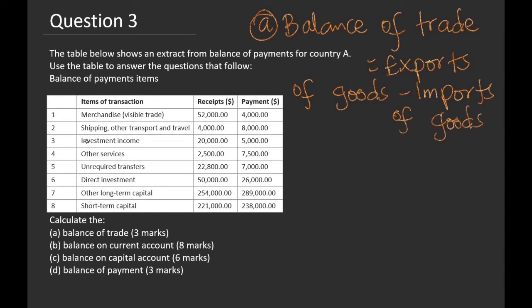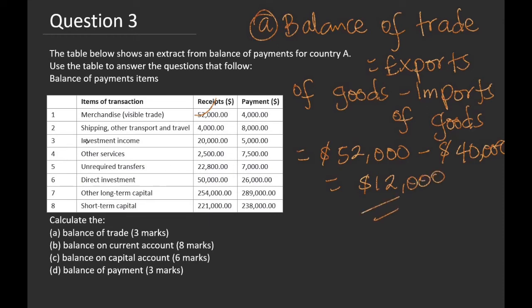So to get the balance of trade, the export of goods we have is 52,000, minus the import, which is about 40,000. This will give us $12,000. That's all. Take note of this.